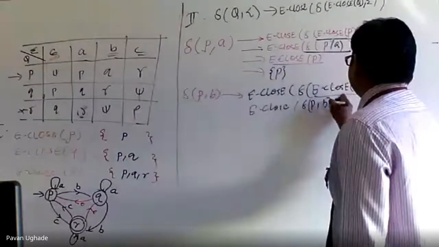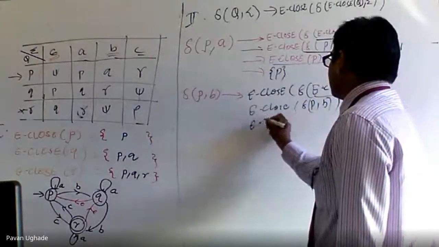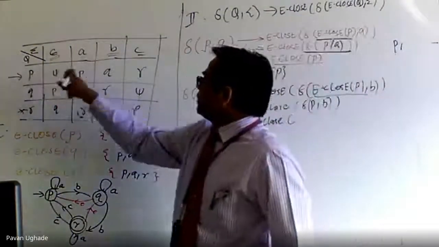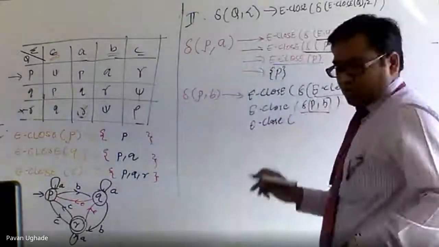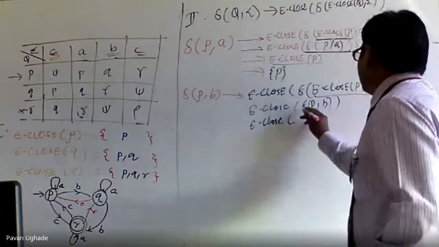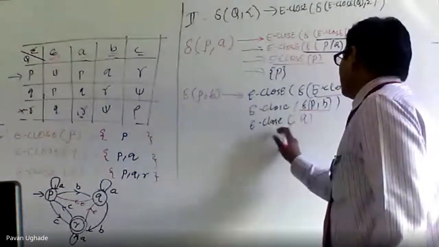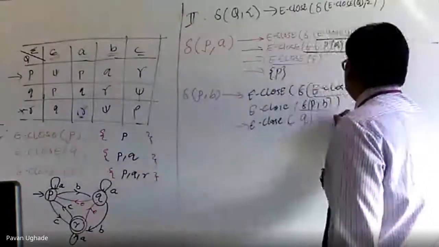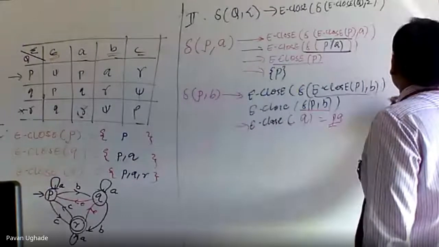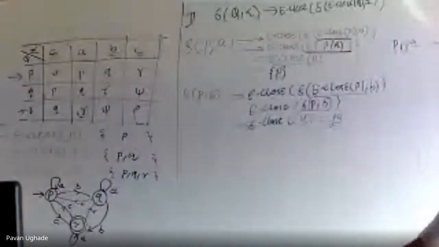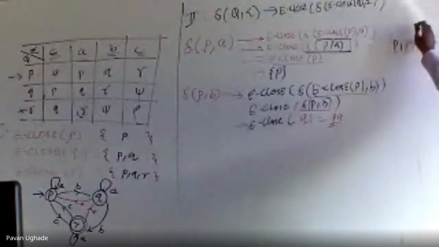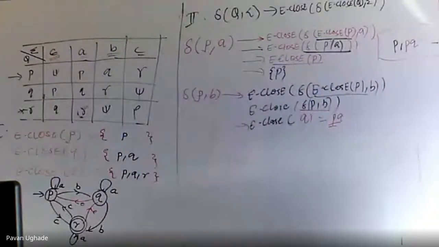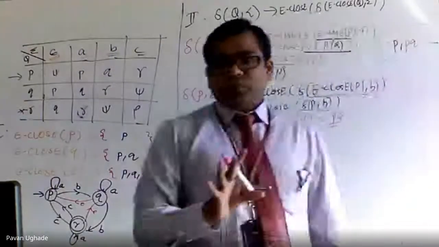So P over B is Q. Now we find the epsilon closure of Q, which is PQ. Now it is new. Kindly add it here in the Q. This is something different. Actually, it is not part of your answer. We will simply maintain it for our easiness.